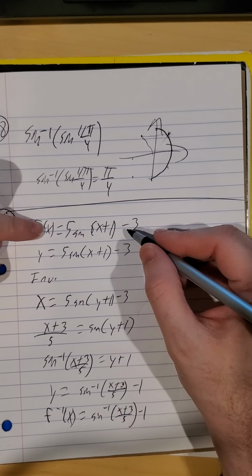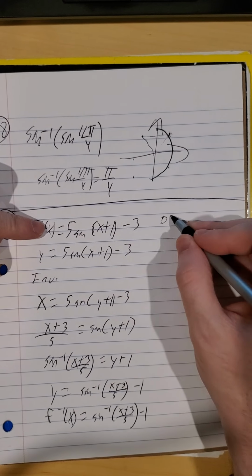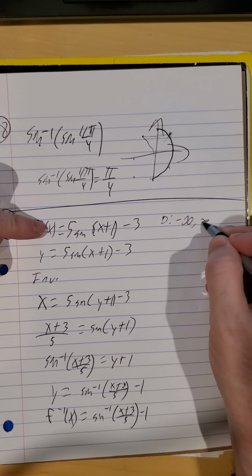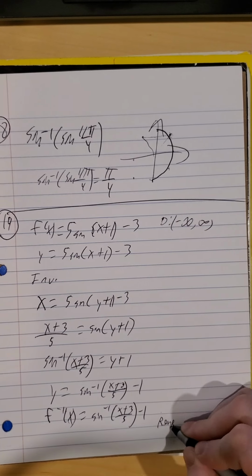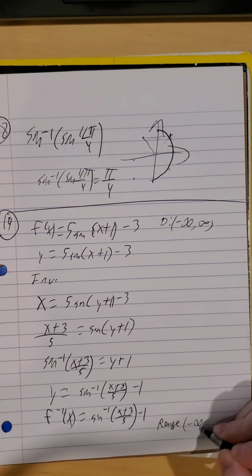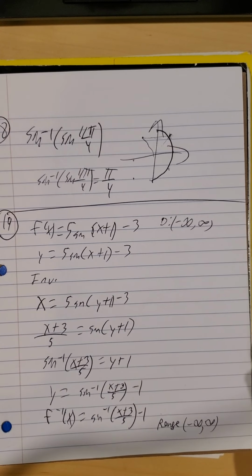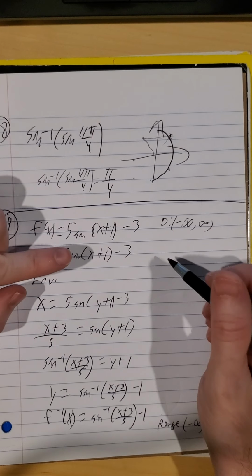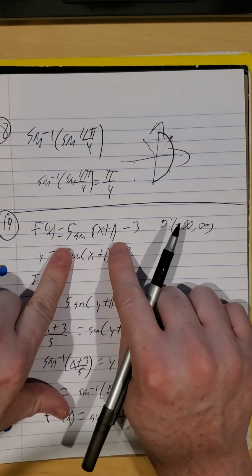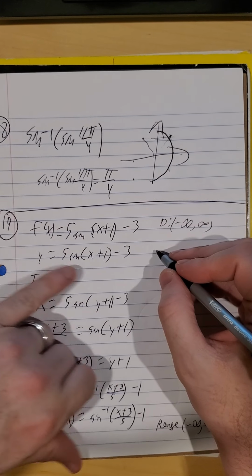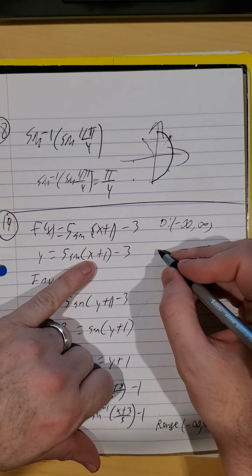So the domain of the original, negative infinity to infinity, is now the range of the inverse. The range of the original, just y equals sine x, we're stuck between -1 and 1.